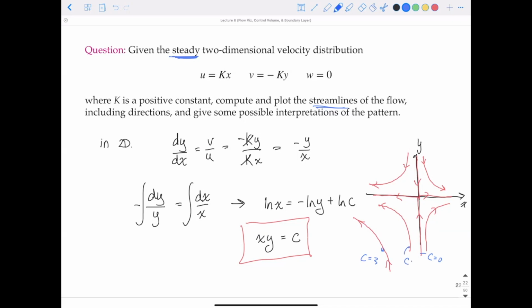So this is C is equal to 1. This side is for C is equal to -1. This side is for C is equal to 1. And this is again C is equal to -1.